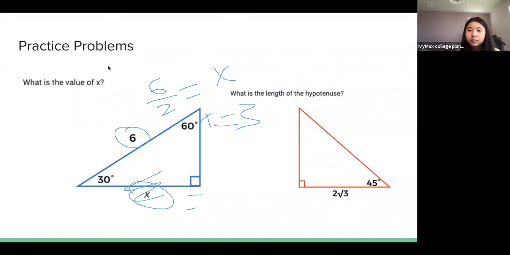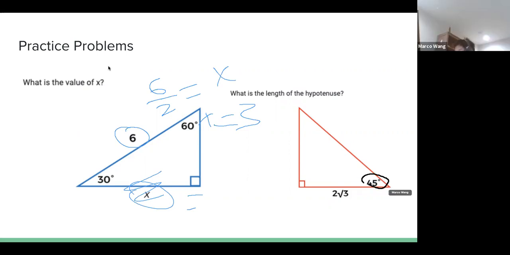For this one, I'll do this one. As you can see, this is a 45-degree angle, which means that the other one is 45 degrees as well, since this is a 90. So that would mean it's a 45-45 special triangle. And since we know that this side is 2 root 3, that means this would be 2 root 3 as well.